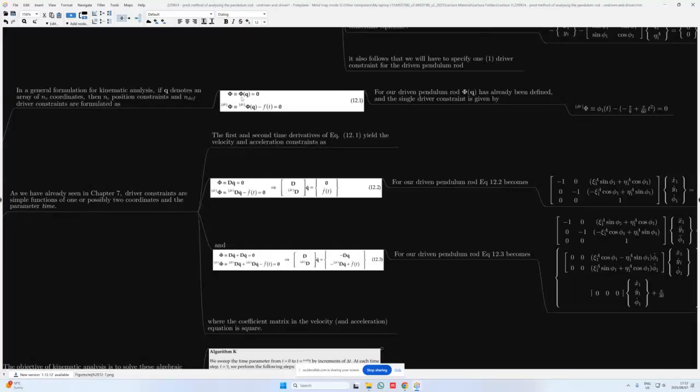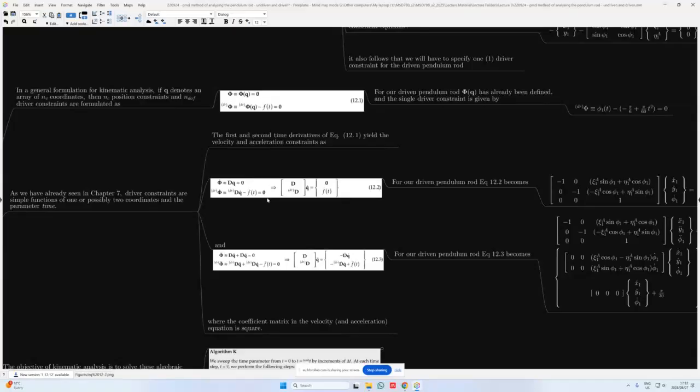It's simply taking the time derivative, and what we get is phi dot equal to our Jacobian matrix D multiplied by Q dot, which should be equal to 0. Q dot in this case is simply your x dot 1, y dot 1, phi dot 1, the velocity vector that we're working with.